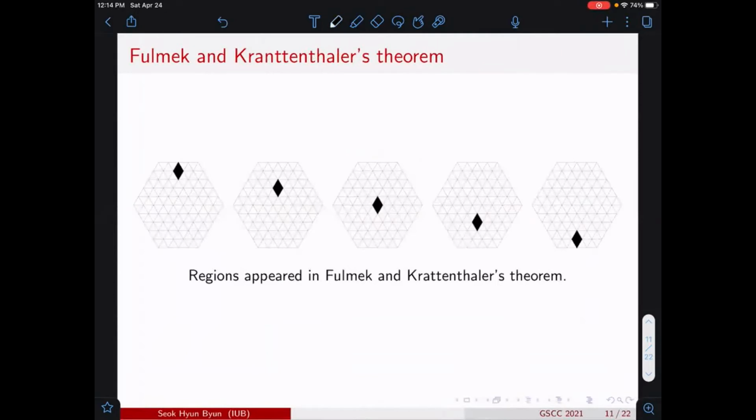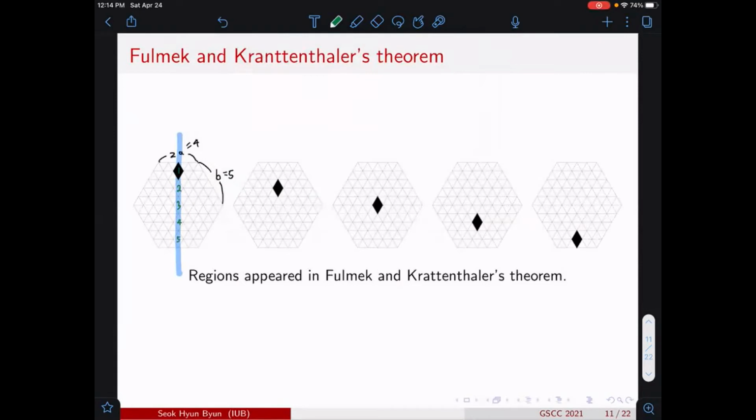So let's see the leftmost picture. On the leftmost picture, the top side length 2a is equal to 4, and this oblique side b is 5. And then we focus on the vertical symmetry axis, and we label the lozenges on the vertical symmetry axis by 1, 2, 3, 4, 5.